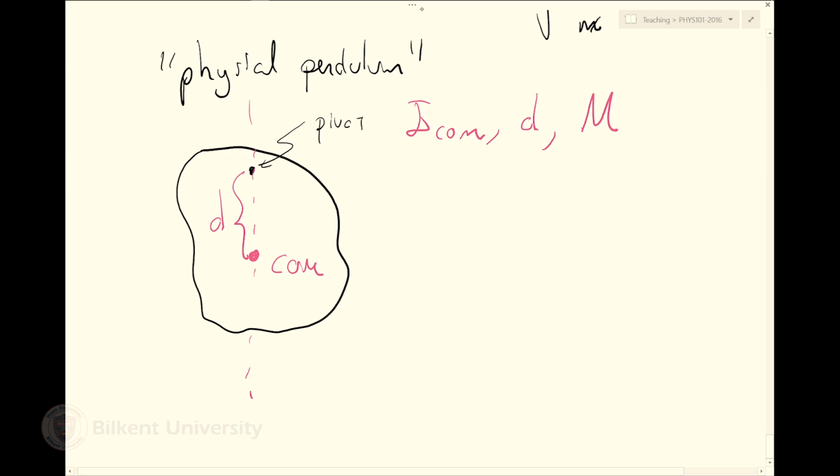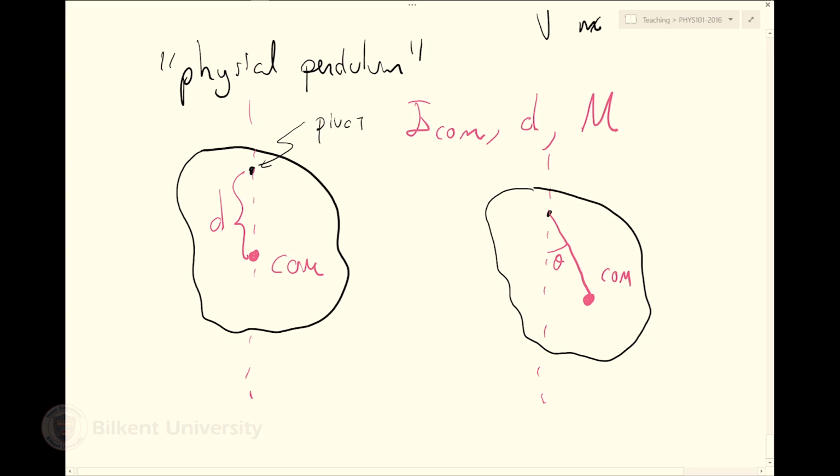Well, here's the thing. I need to consider all this object rotated by some angle theta. So I'm not going to be able to form the same object, but here is my pivot point. Now, this is the vertical, and now the center of mass, the line from the center of mass to the pivot makes an angle theta.